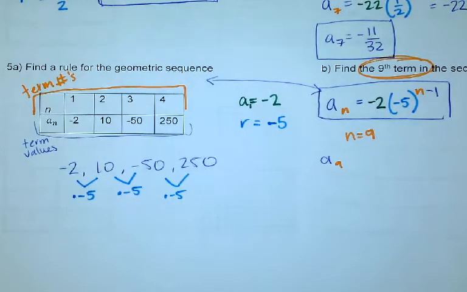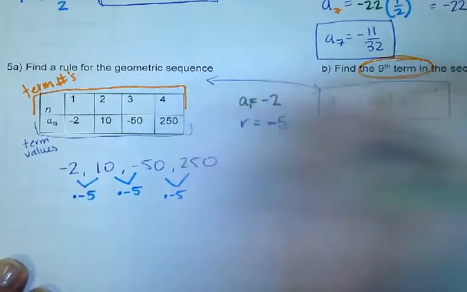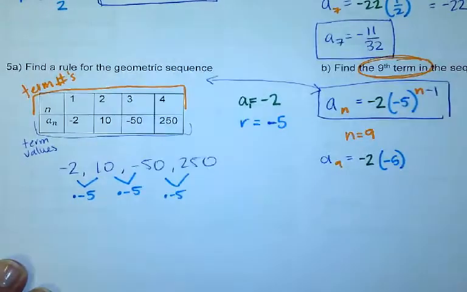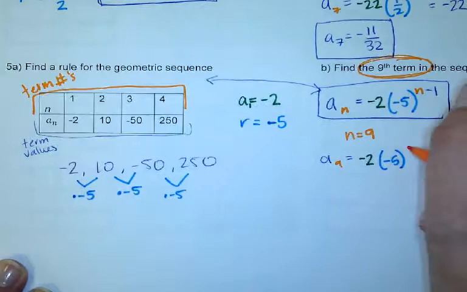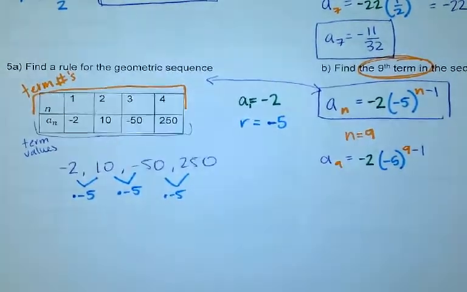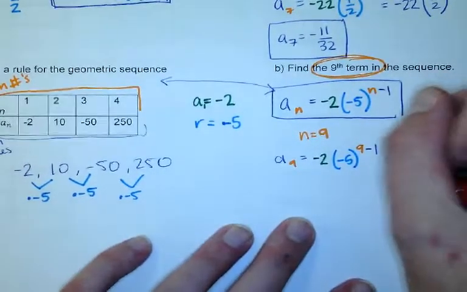But a sub 9 is equal to -2 times -5 raised to the 9 minus 1 power. Okay? You also could write this as -2 times -5 raised up to the 8th power. Whichever way you're comfortable doing that. Okay?